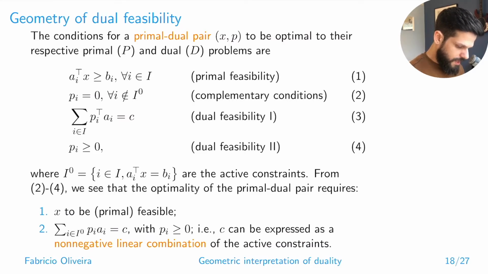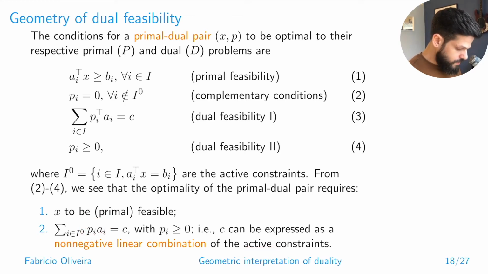One interesting thing is that if you look at these two conditions simultaneously, you can see that this is holding, just like because of the picture we saw before. c can be expressed as a non-negative linear combination of the vectors a of the active constraints.